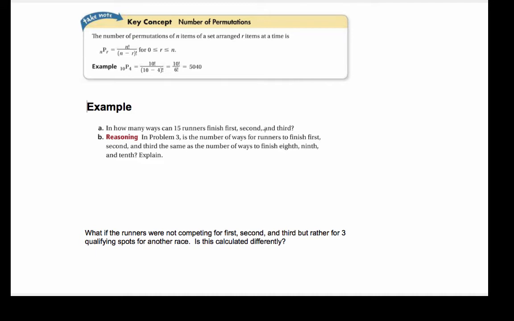That is arranging or ordering, or classifying. Anytime you put things in a particular order or arrangement, it's a permutation.